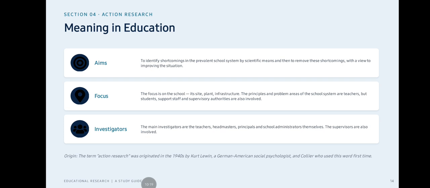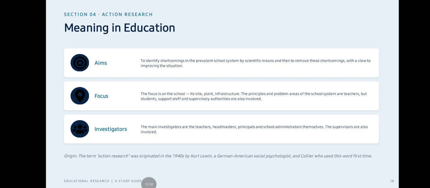In education, it aims to identify shortcomings in the prevalent school system by scientific means and then to remove these shortcomings with a view to improve the situation. Focus: the focus is on the school, its site, plant, and infrastructure.